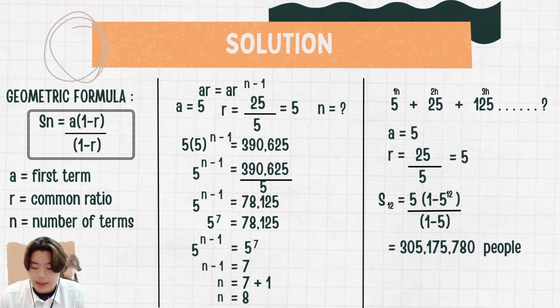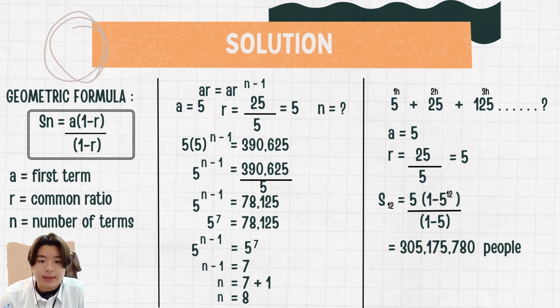By using the calculator, we get that 5 to the power 7 equals 78,125, which is the same as above. So 5 to the power n minus 1 equals 5 to the power 7, and we cancel out the 5, so n minus 1 equals 7. We move the minus 1 to the other side, and n equals 7 plus 1, which is n equals 8.